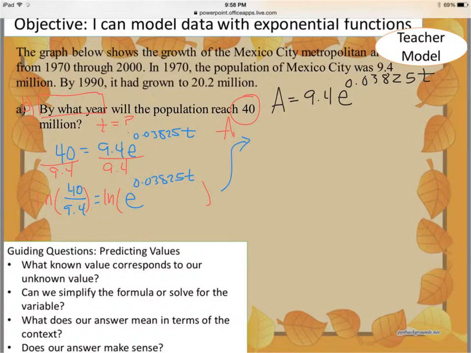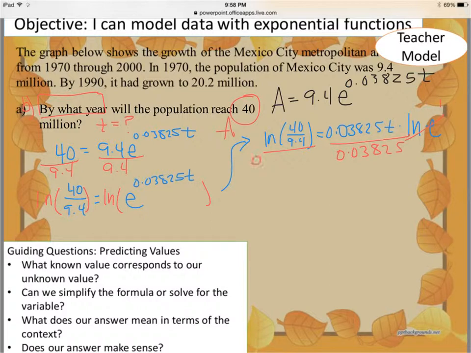So I'm going to come over here. I've got ln of 40 divided by 9.4. Using our power property, I get 0.03825 t times ln of e. Simplifying that, that's just 1. So anything times 1 is just itself, so I can just stop writing it. And then last step is that I can divide both sides by 0.03825.